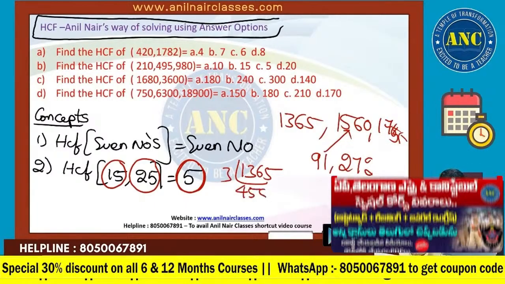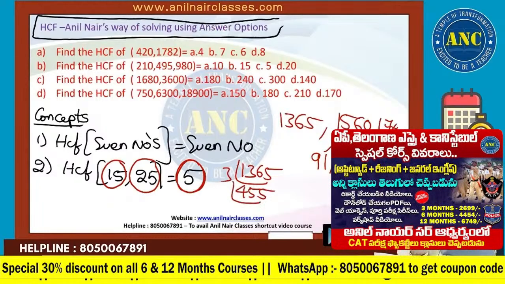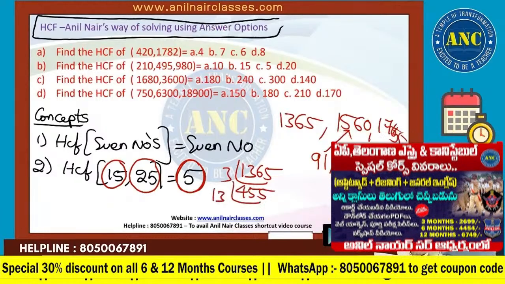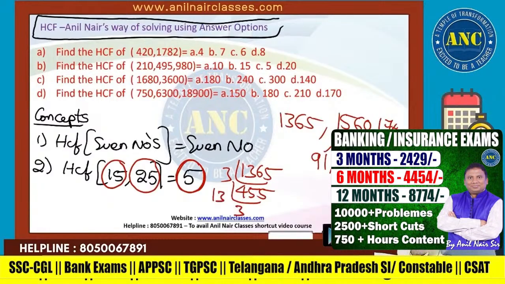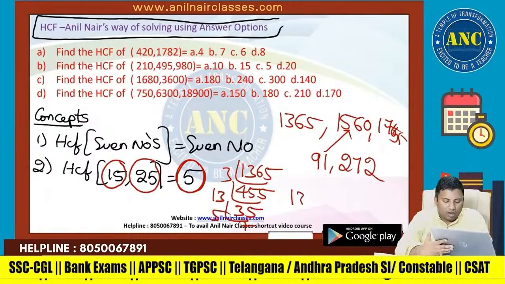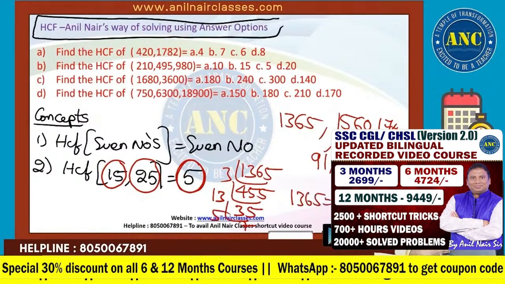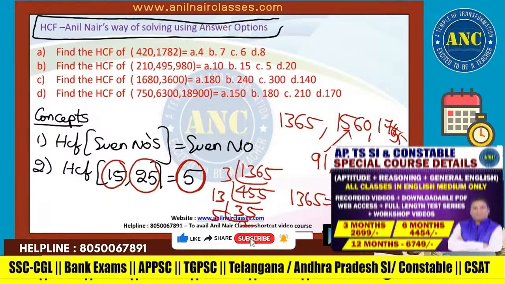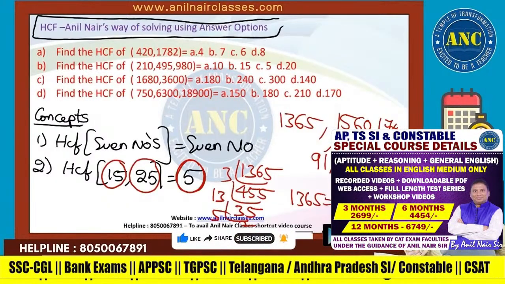3 fives are 15, 13 threes are 39, 5 thirteens are 65, 7 times 195 is 1365. So 1365 is 3 into 13 into 5 into 7. Now this is for you, Srikanth.